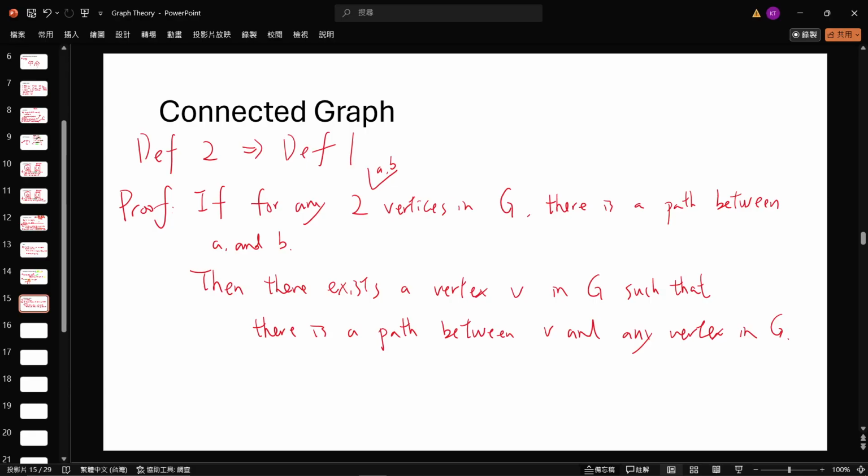In other words, there's a path between this vertex v and any vertex in the graph.